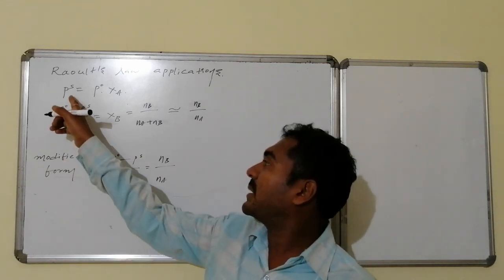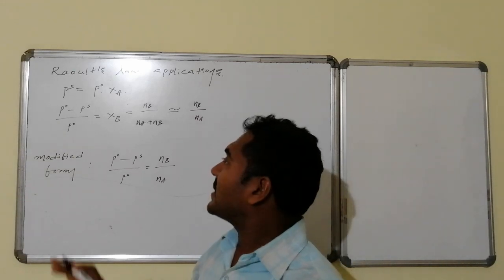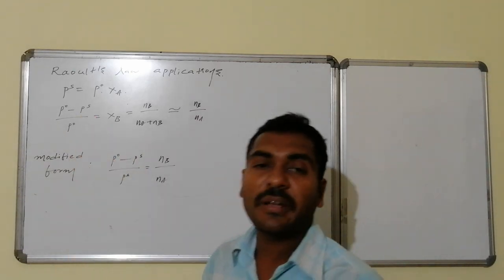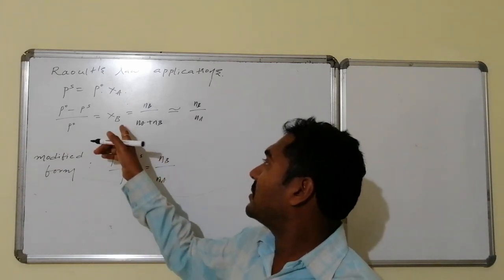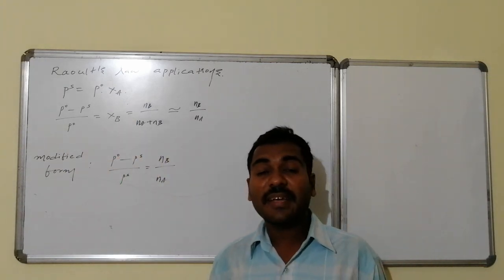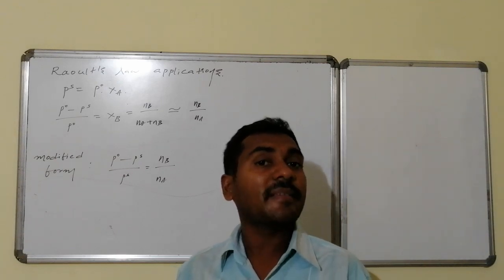So Ps = P0 into Xa. On rearranging, (P0 − Ps)/P0 = Xb. Xb exactly is Nb divided by Na plus Nb.